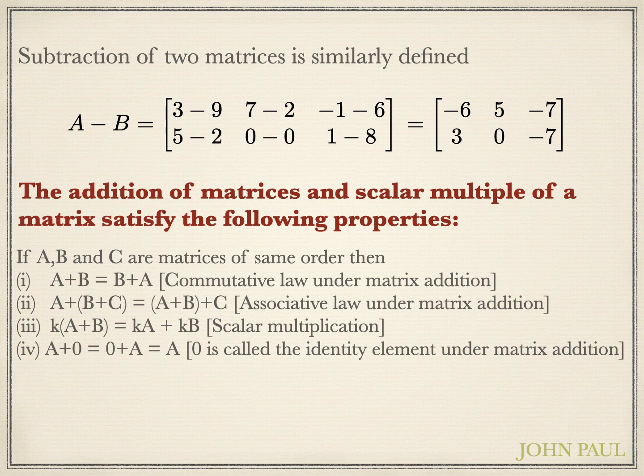K is a scalar, K into A plus B equal to KA plus KB, this is scalar multiplication. A plus 0 equal to 0 plus A equal to A, where 0 is called the identity element under matrix addition. So these are a few simple properties we should know.